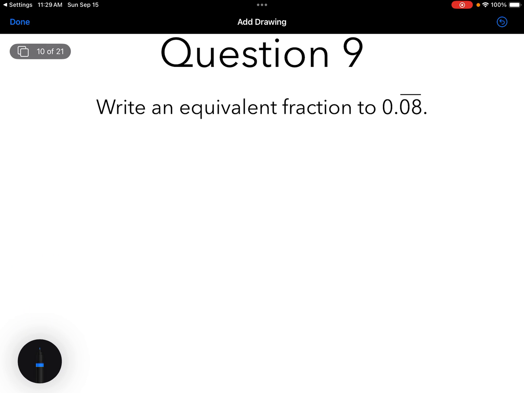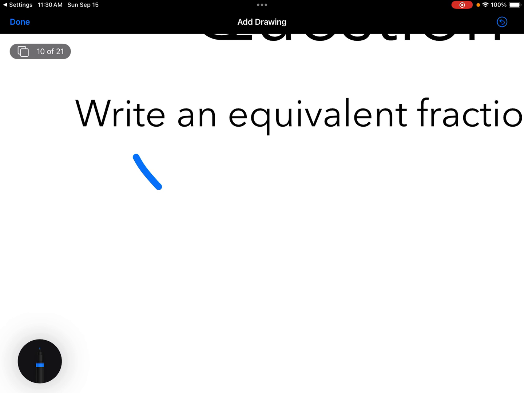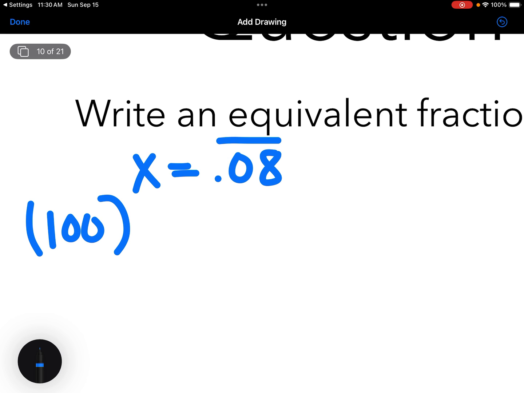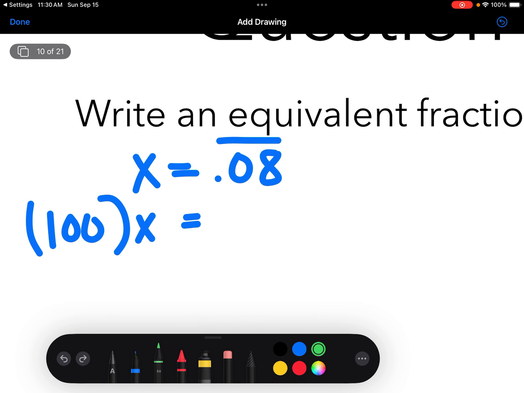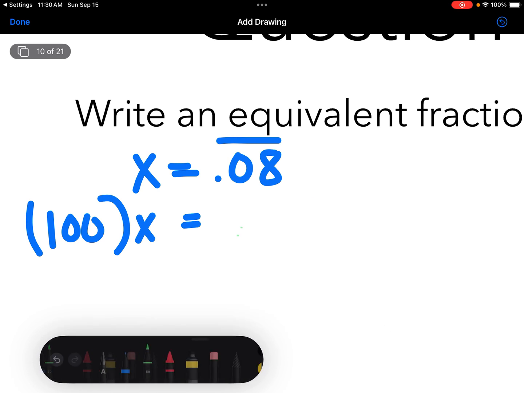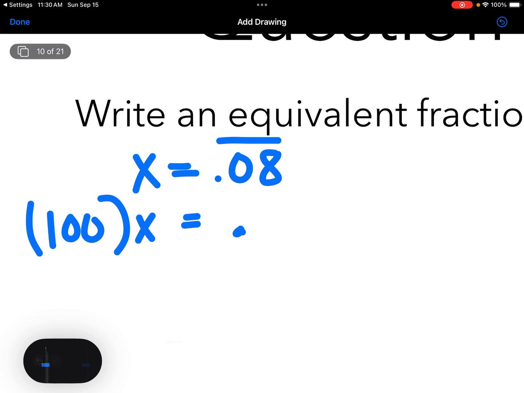All right, I have two numbers underneath my repeating bar. So if you remember, we start with x equals 0.08 repeating, and then we're going to multiply each side by 100, because the goal here is to get rid of the repeating part.